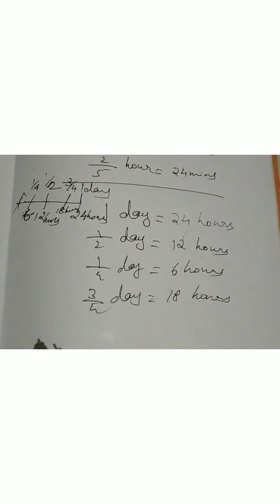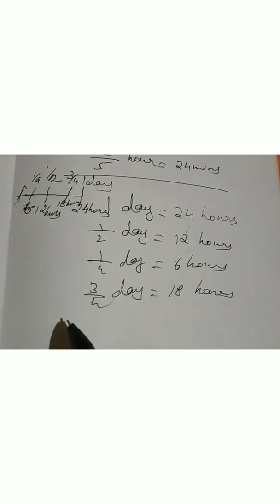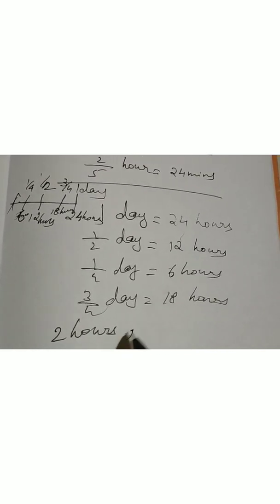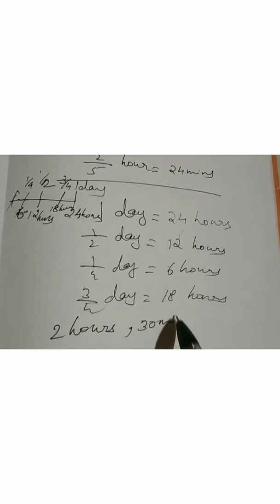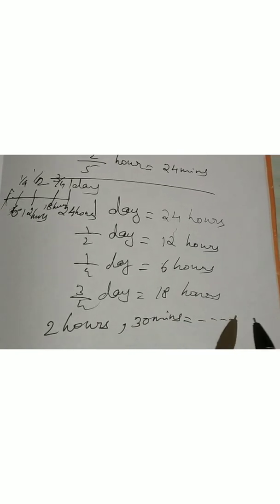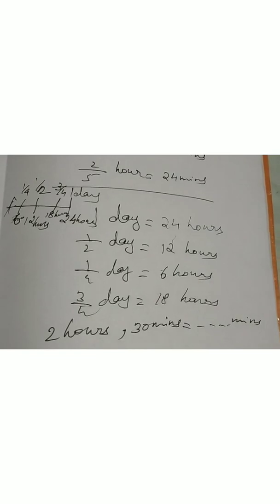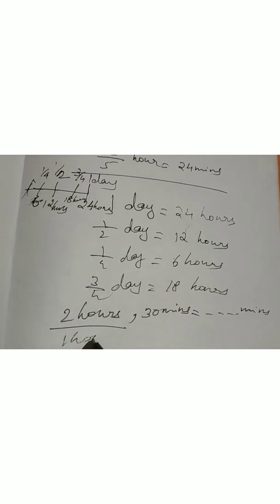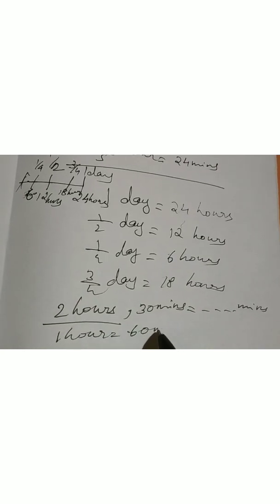Then next question. What will be 2 hours and 30 minutes? 2 hours 30 minutes is equal to how many minutes in total? 1 hour is equal to 60 minutes.